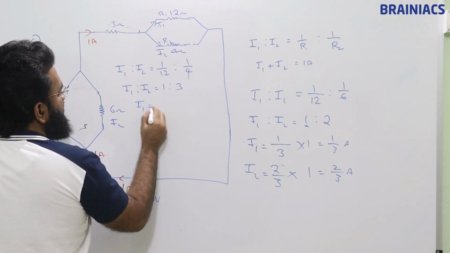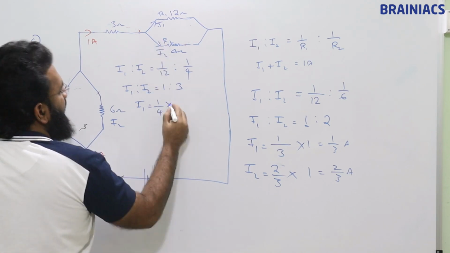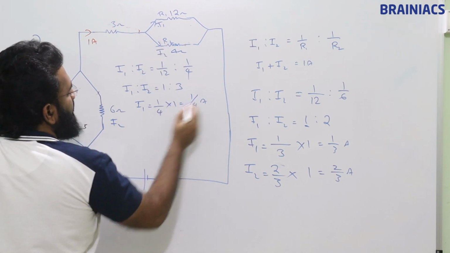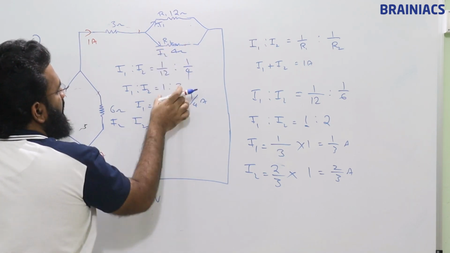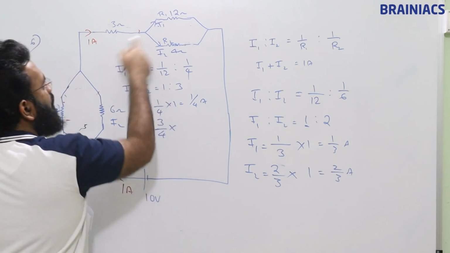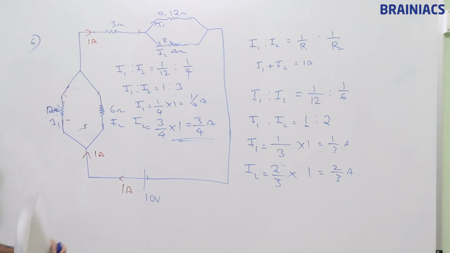So I1 is equal to 1 divided by, this is 1, divided by total 4 into 1 ampere. So we get 1 by 4 ampere. I2 is equal to, I2 how much ratio? 3. Total of this is 4 into 1 ampere total current is coming. So 3 by 4 ampere. So all these are methods.